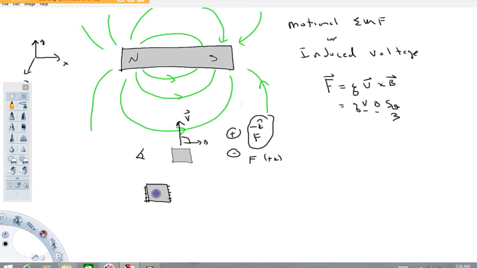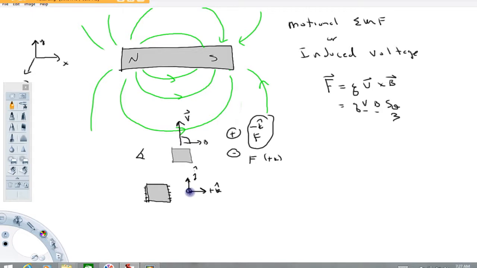That's because the electrons have felt a force in the plus k direction. In this picture, this is plus k, and this way is plus j, and at you is actually away from you in this picture.